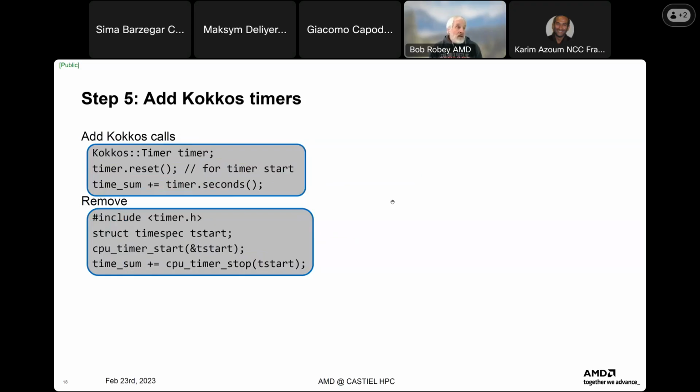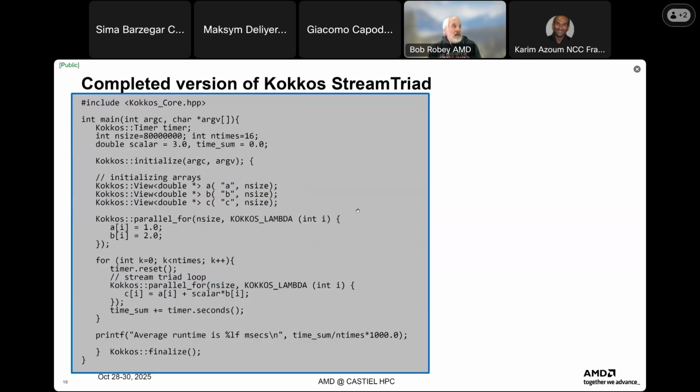We can also add Kokkos timers, so that's optional. I show here how we replace that, and the examples show that as well. And so this is our completed version of the Kokkos stream triad. It's very readable to even application programmers which have not seen Kokkos before.